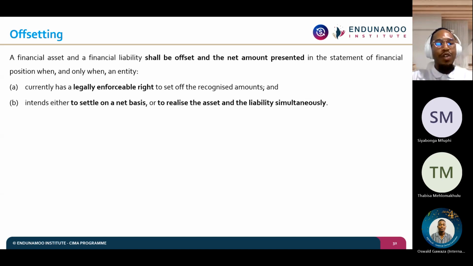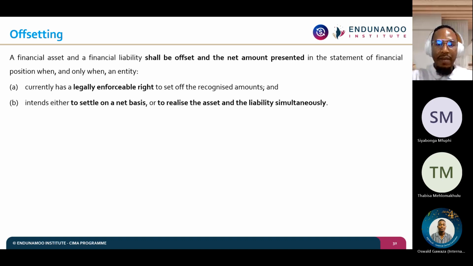So between the two of us, we would have to have a clause in the agreement that gave rise to the financial asset in your books, as well as in the agreement that gave rise to a financial liability in your books. Those two agreements should have a clause or clauses that say these can be settled on a net basis.